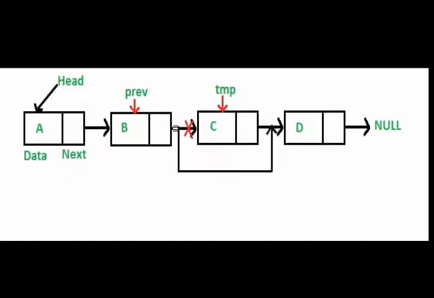Temporary next is equal to previous next. So that is, C's next is D. Who is temporary next? C. So C's next is D. I am assigning that to B's next. So now B's next is pointing to D.